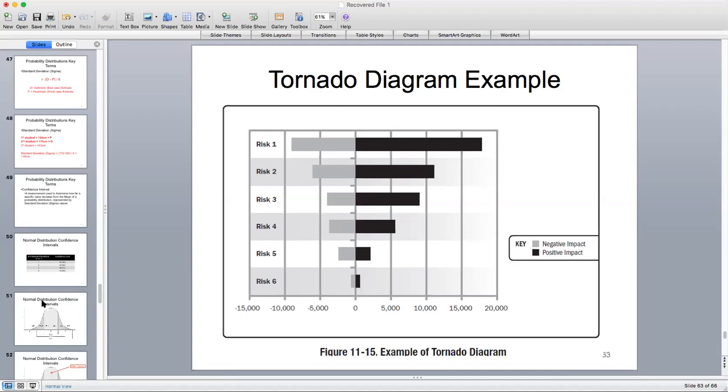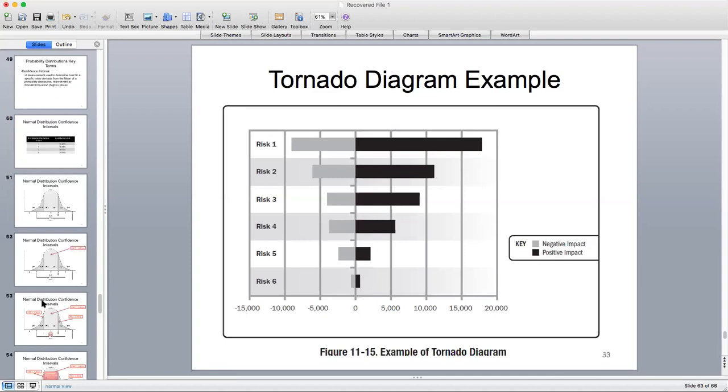Okay, and then we looked at using confidence intervals, which take into consideration the standard deviation from the average, in order to then transition to Monte Carlo simulation, which is a stochastic or probabilistic approach to quantitative risk analysis.